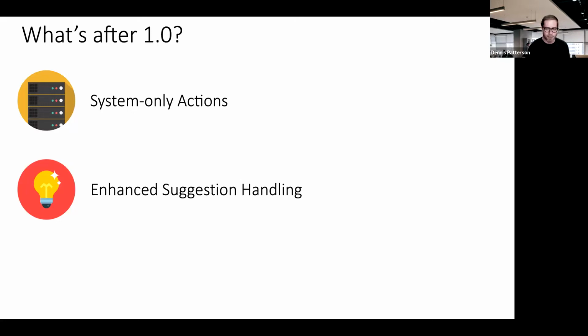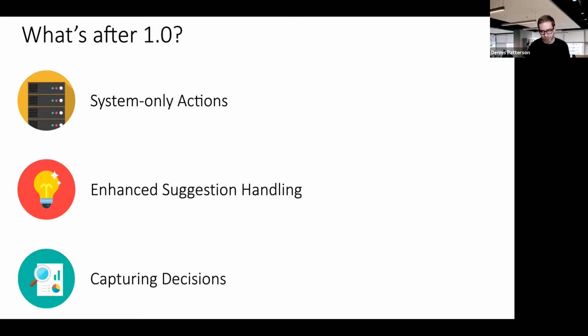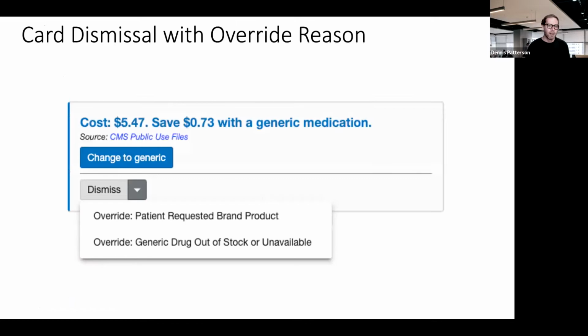And then thirdly, capturing decisions. We'll dive into this one a little bit more to explain what that means. One aspect of the decisions is that a provider doesn't always accept a bit of guidance. They may override a card, they may dismiss it for a particular reason.